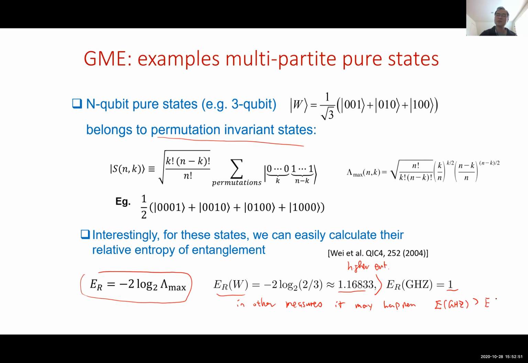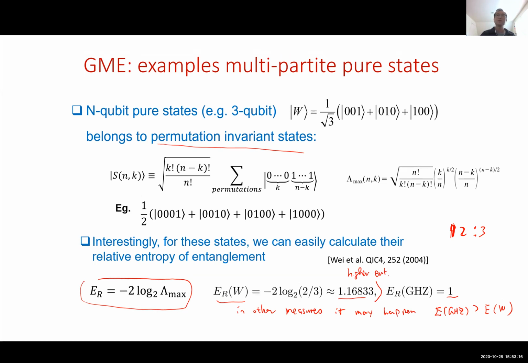For example, if we treat that as a bipartite system, I may partition 0, 1, 2 versus 3, then in terms of bipartite state, the GHZ state may have higher entanglement. So really the order depends on how you quantify. Okay, any question?